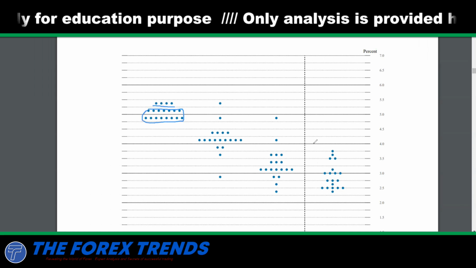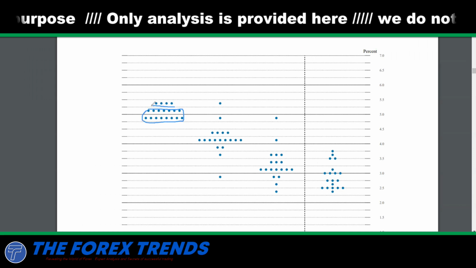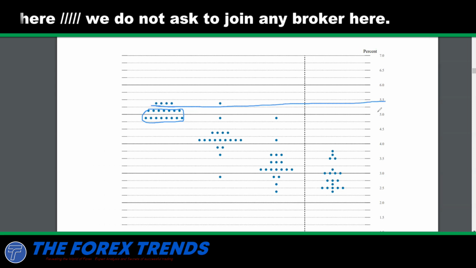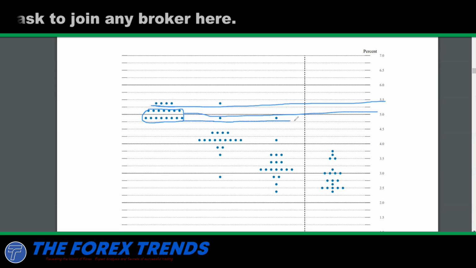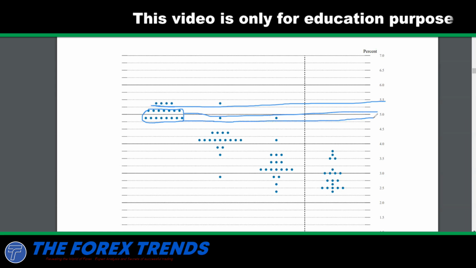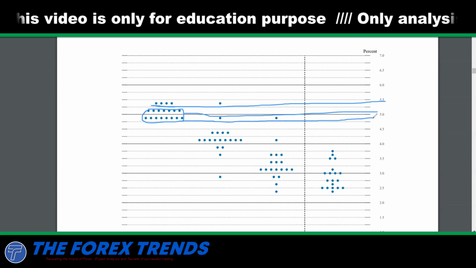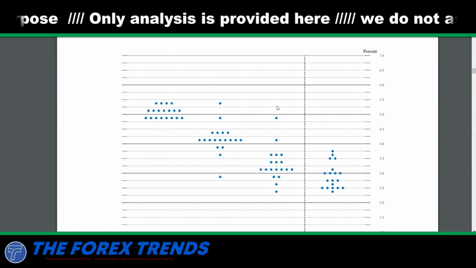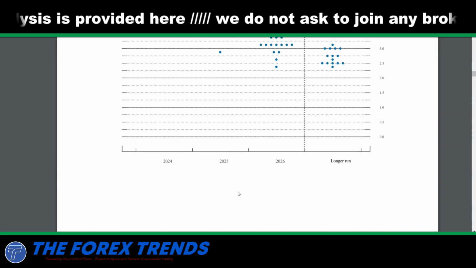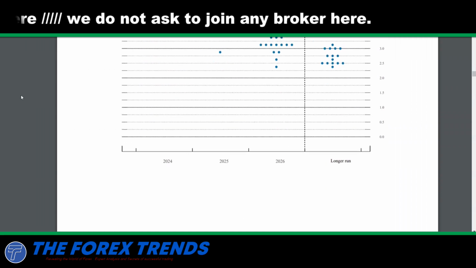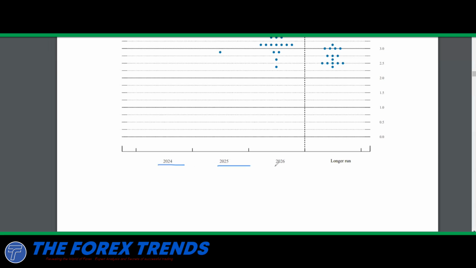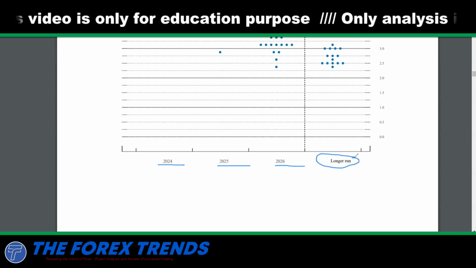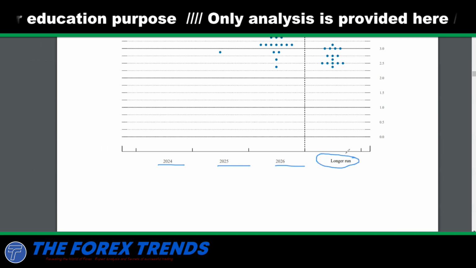Look, that is the 5.5 interest rate, and this is 5.1, and this is 4.9. And the projection is for 2024, then 2025, then 2026, and for the longer run, what would be the interest rate for the longer run.